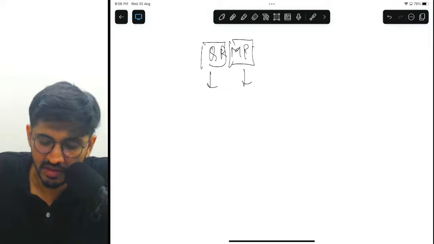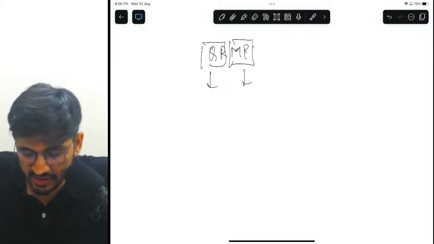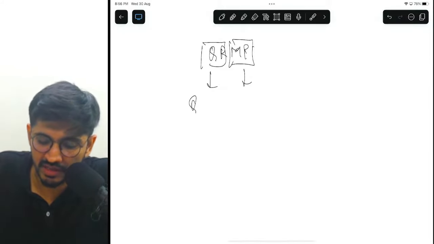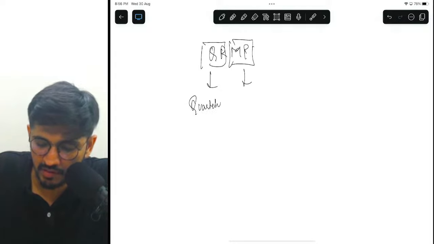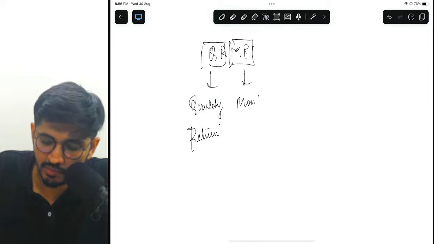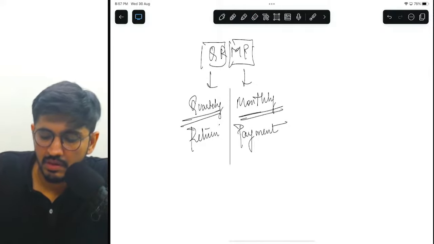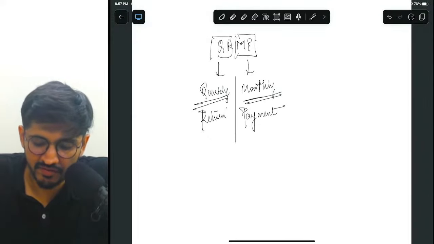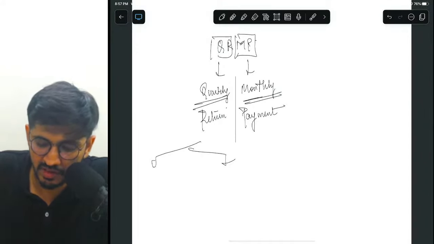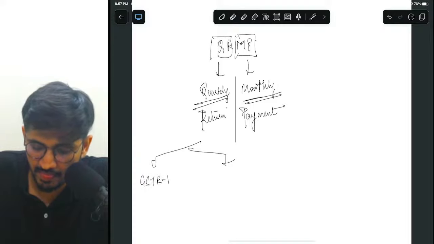QR is quarterly return and MP is monthly payment. Understand one thing very clearly, my dear friends: in the quarterly return, there are two returns, GSTR1 and 3B.